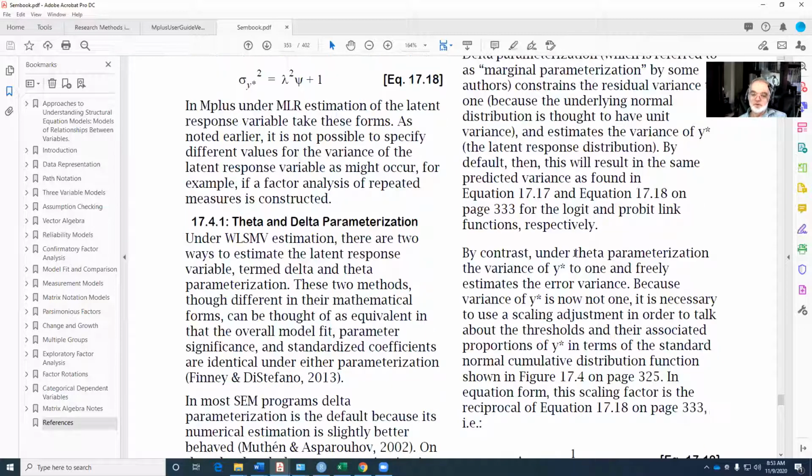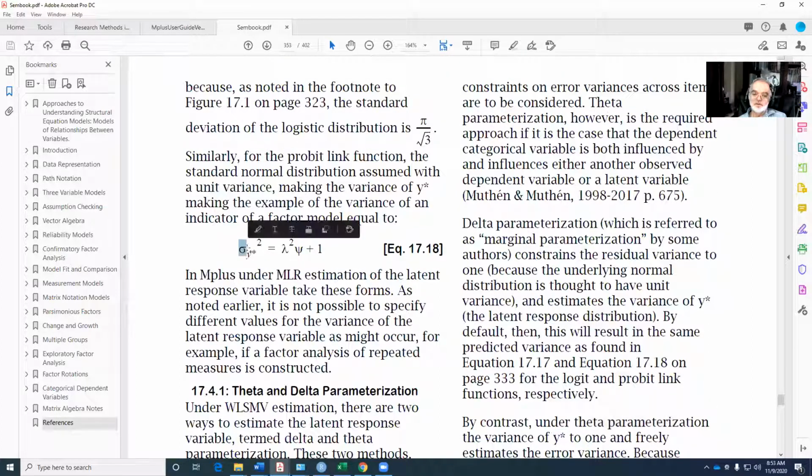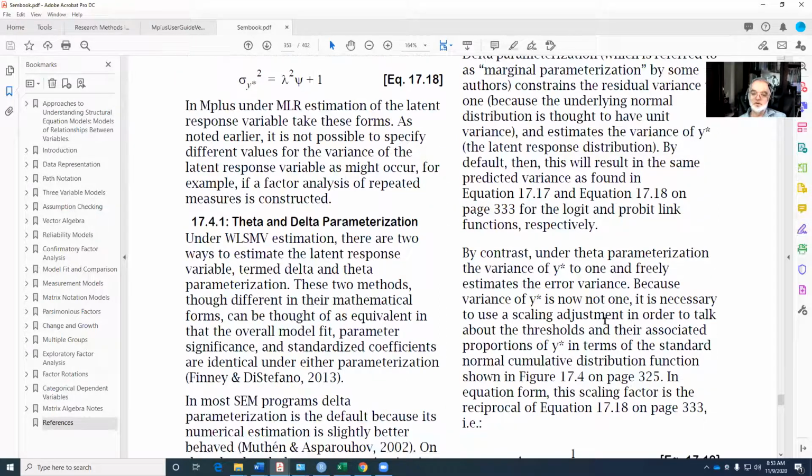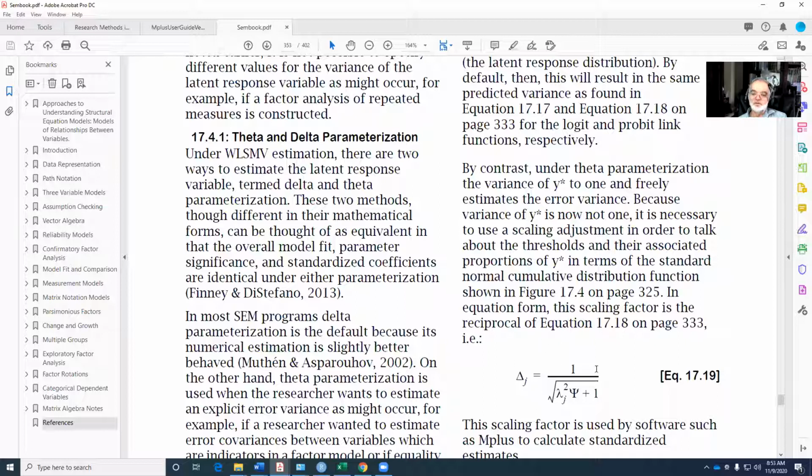And under theta parameterization, the variance of the entire distribution is set to 1. That is, this is set to 1, and I'm going to come downstairs here and estimate the variance downstairs. So that scaling parameter down here is what's used to make the latent response variables have a total variance of 1.